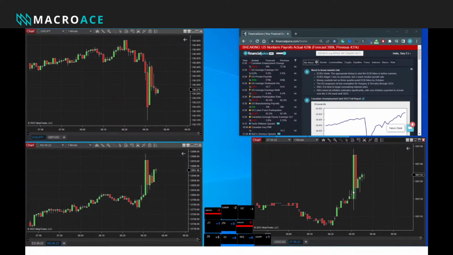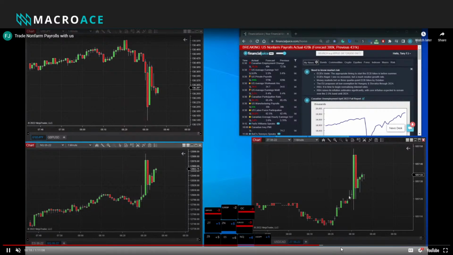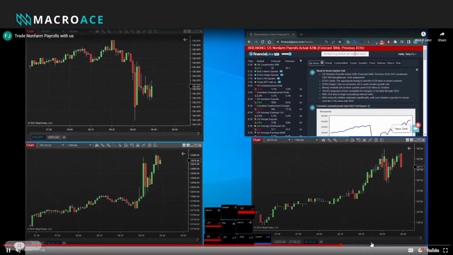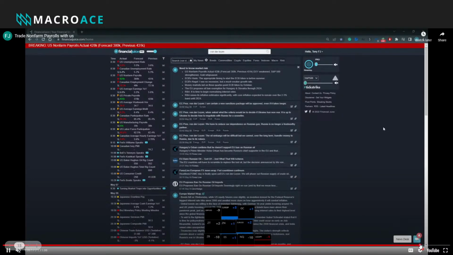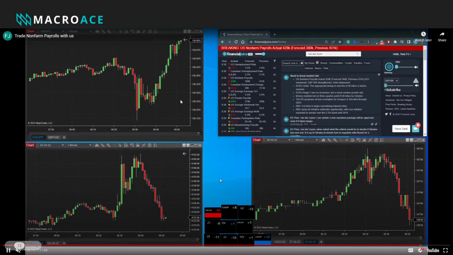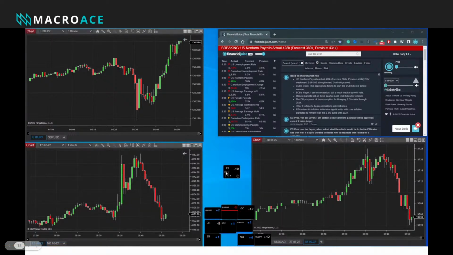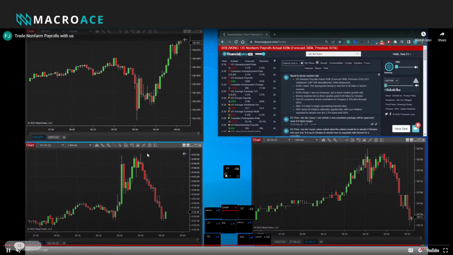It reversed a little bit and then tried to find its route. Let's go back. More or less, the reaction was quite short-lived for the S&P and also the dollar yen.